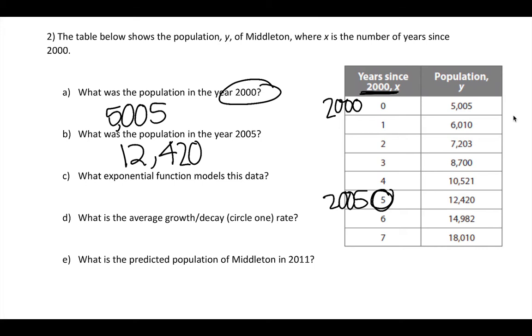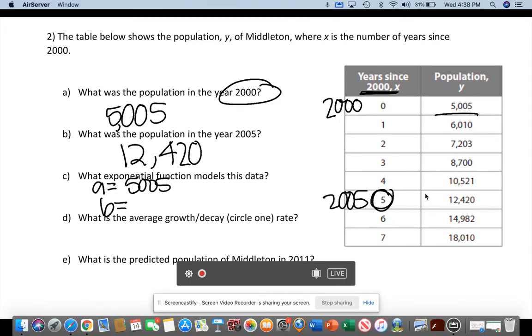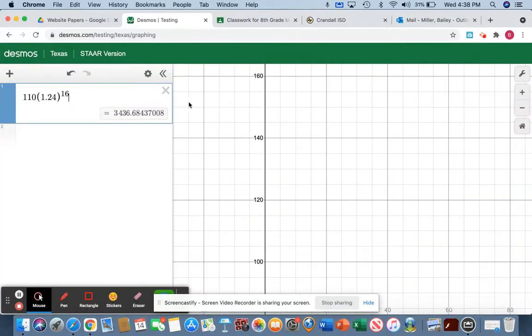I know what A is. I know my A is the starting point. I'm starting at 5,005. My B I can find by doing my regression. So again, I'm going to make my table.